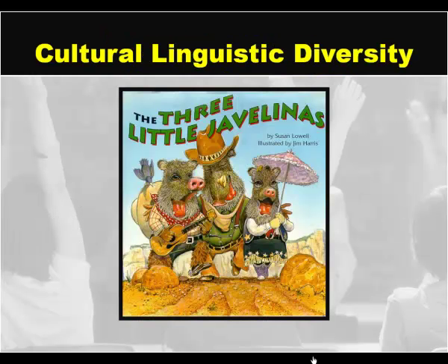A term that recognizes and values the interwoven nature of culture and language is cultural linguistic diversity. It's much more than our words, music, and dress. It's how we interpret the world and respond to the world.